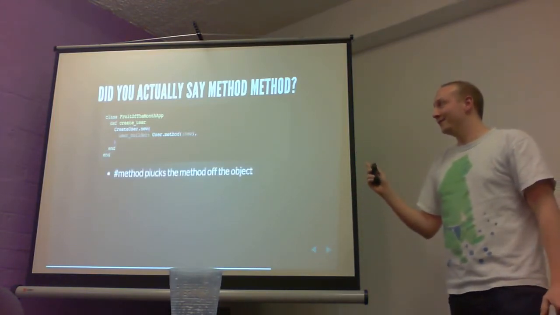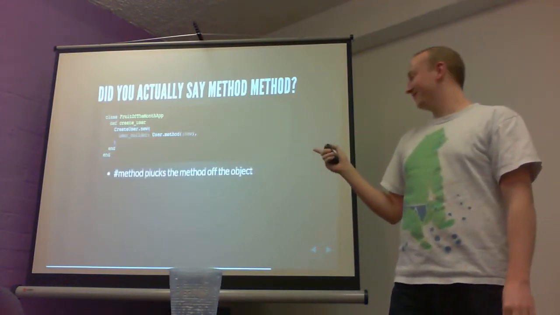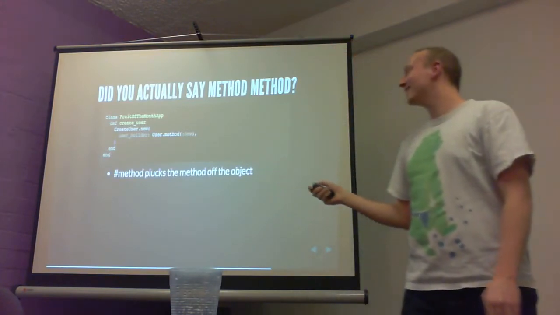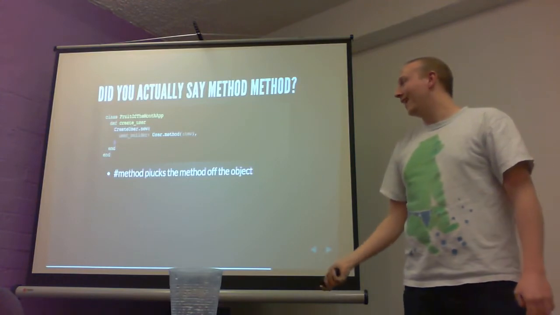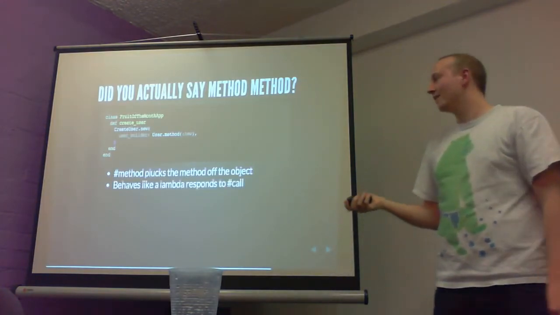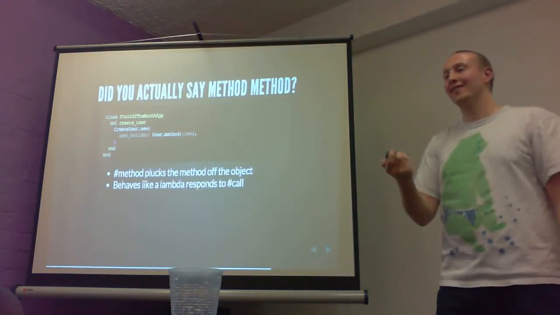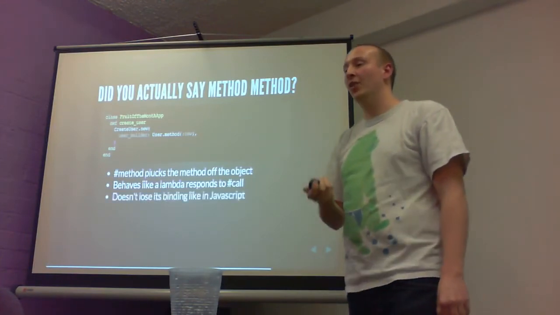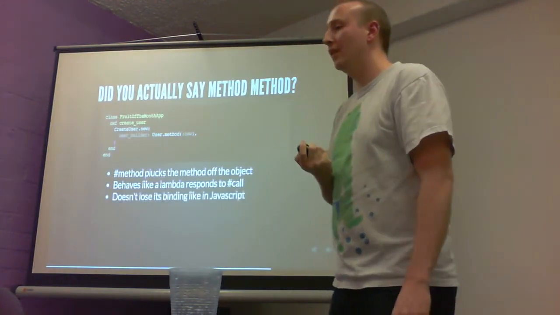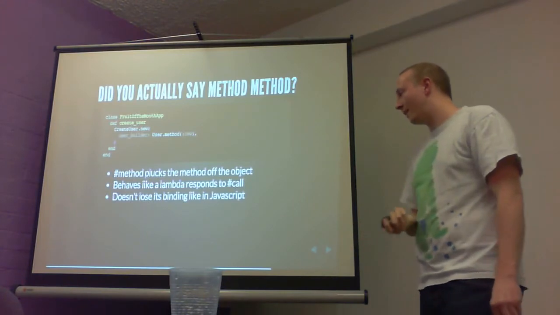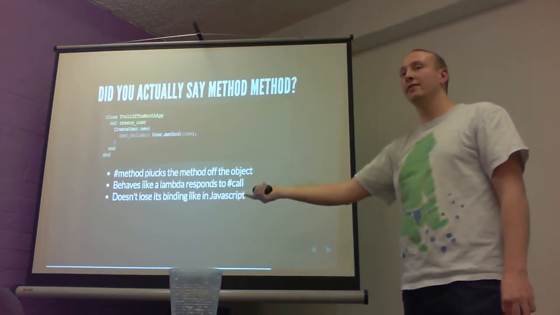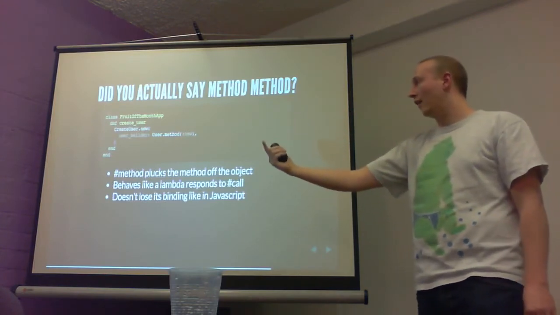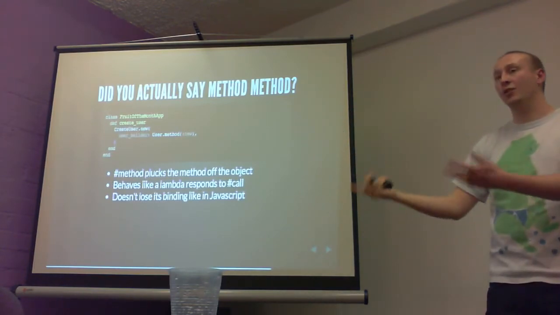The method method plucks a method from an object, as we see here, and returns a method object. The method object responds to call and behaves like a lambda. It doesn't lose its binding like in JavaScript. So in JavaScript, this is a really common trick. You pass a function in, and the function that you pass it into calls the function.